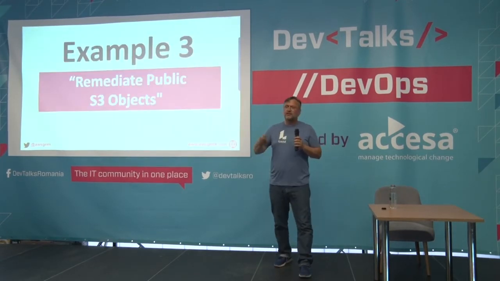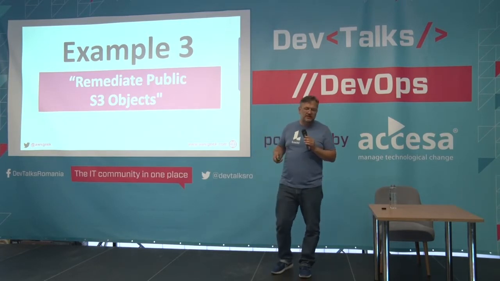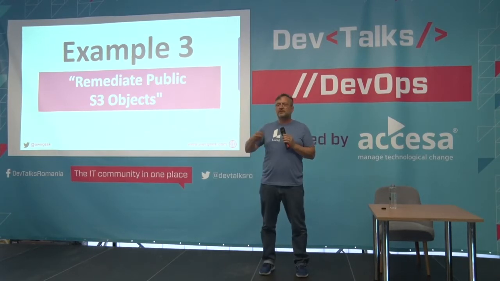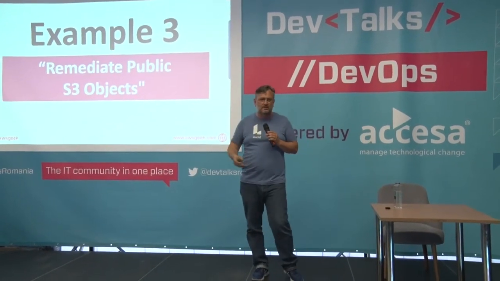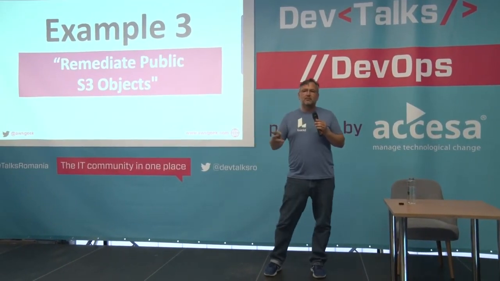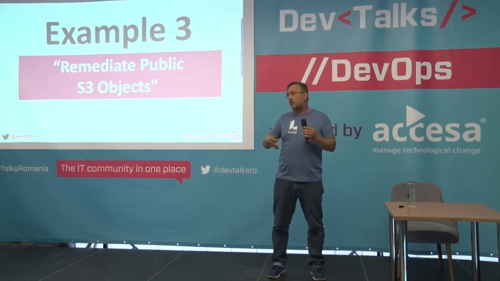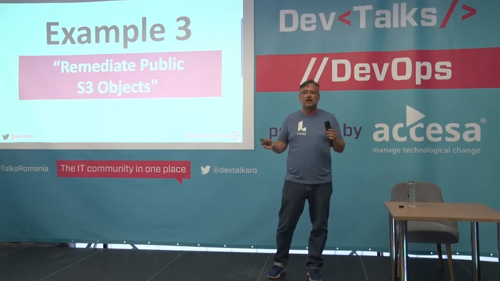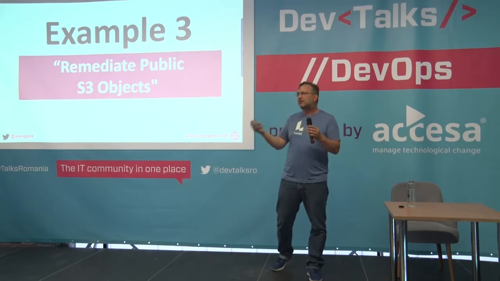So one of the things that I wanted to show, and I won't go into great detail about this, is remediating public S3 objects. One of the things we see in the news now, and I showed a couple of news stories earlier, was AWS customers leaving S3 buckets open, either intentionally or unintentionally. Having a public S3 bucket is okay if you have a public website and all the resources on there are publicly consumable.